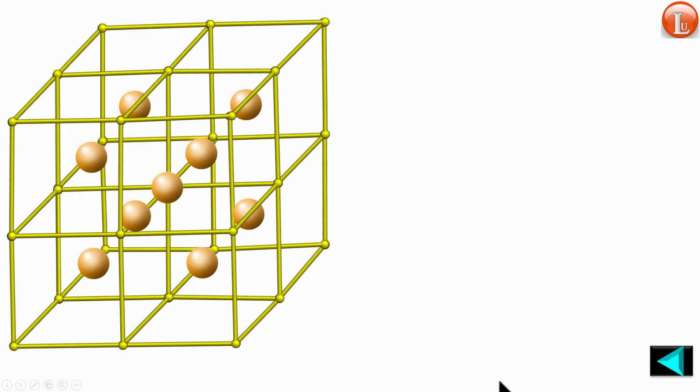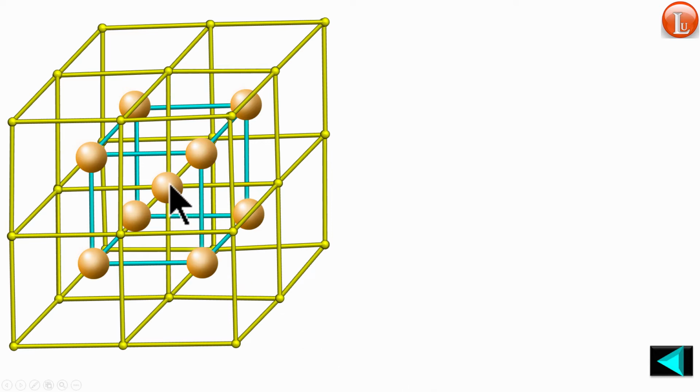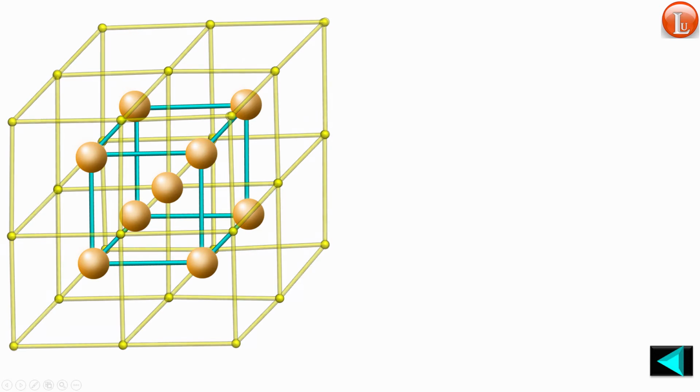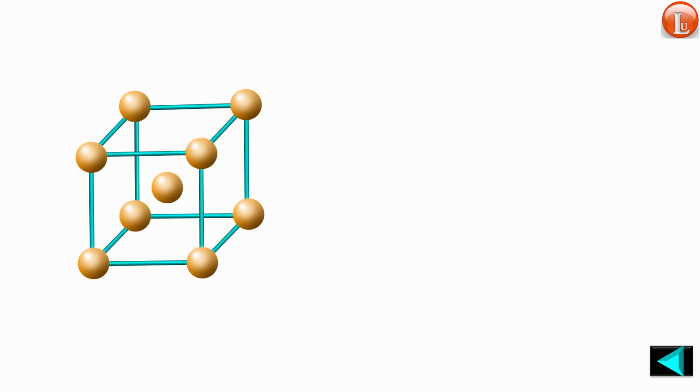And now I'm going to join these, and can you see this distance is also A? And suddenly you'll find another unit cell of the same length A, but the only difference is this corner now has become body centered and the body centered have become corners. Can you see that?